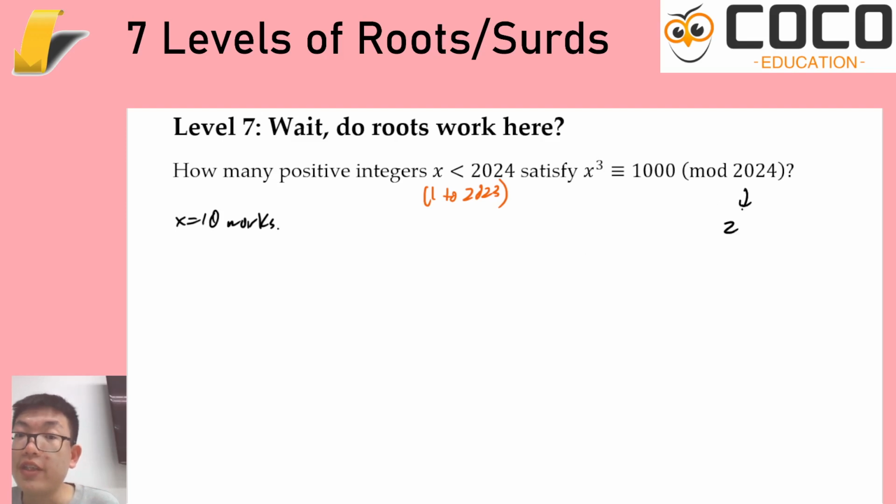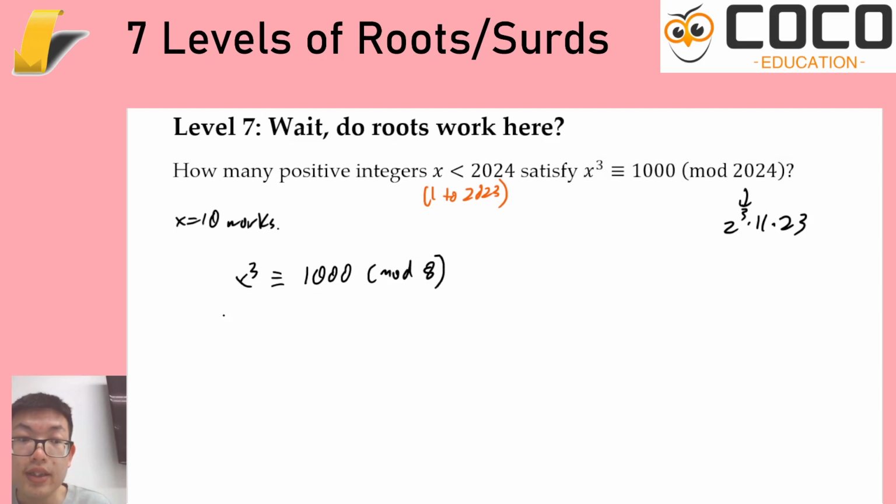You have already got a factorization just now. I'm not going to belabor that. So I'm going to kind of split this open first. We have got x cubed is now supposed to be congruent to 1000 mod 8. x cubed is congruent to 1000 mod 11.